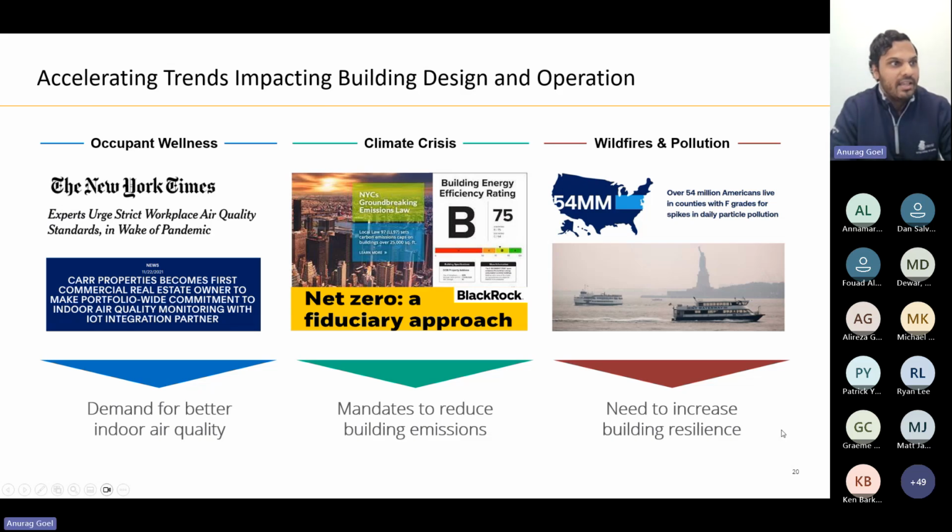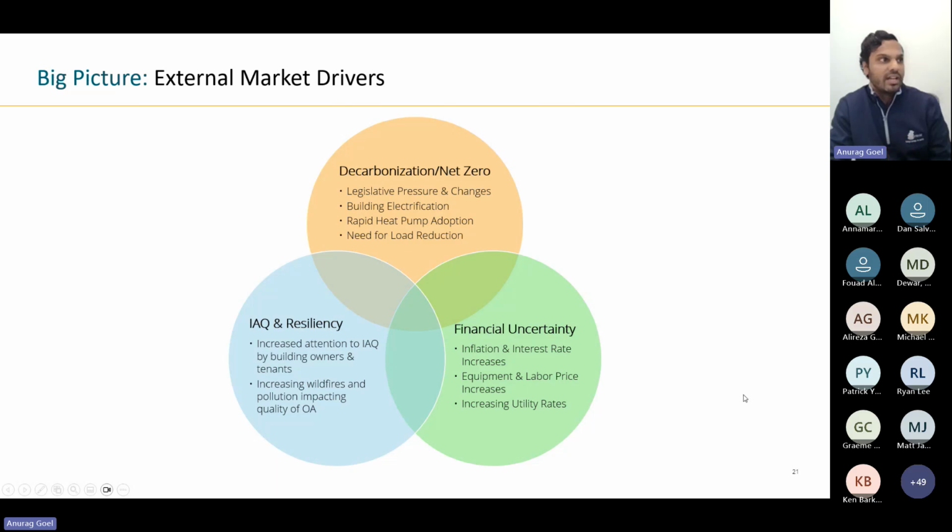The IAQP is also being adopted through accelerating trends in the marketplace around occupant wellness, mandates around energy efficiency, and then of course concerns about outdoor air quality. So there are these market pushes driving IAQP adoption, and this is why I think this is a timely presentation to learn more about how IAQP can be used to address those trends.